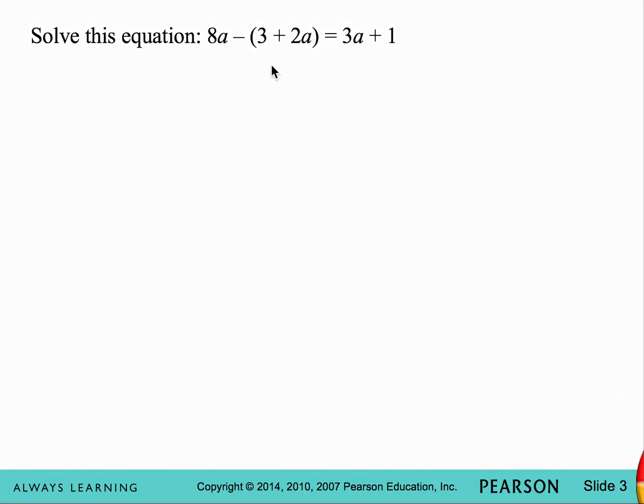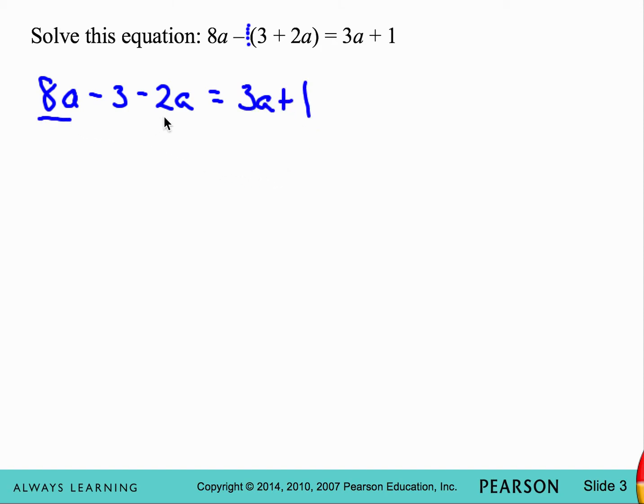Okay. Now, if there's not a numeral written in front of the parenthesis, remember it's understood to be a 1. So it's negative 1 that I've got to distribute to get rid of those parentheses. Parentheses first. 8a minus 3 minus 2a has to equal 3a plus 1.